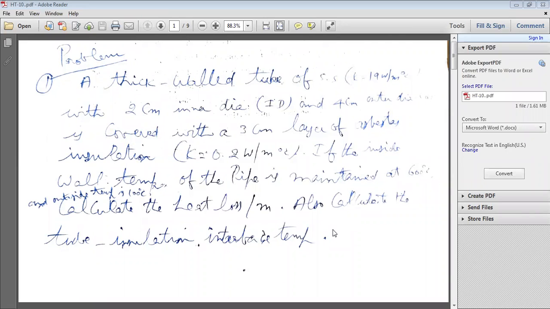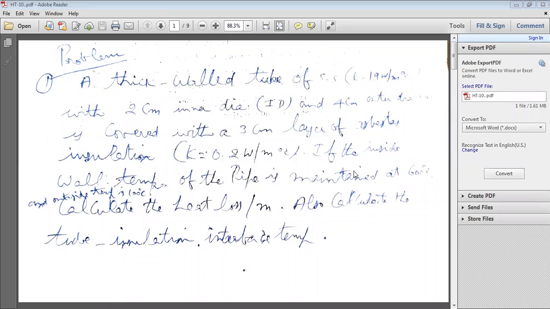we get the heat transfer rate equation Q is equal to 2 pi K L into Ti minus To divided by natural logarithm ln Ro by Ri.